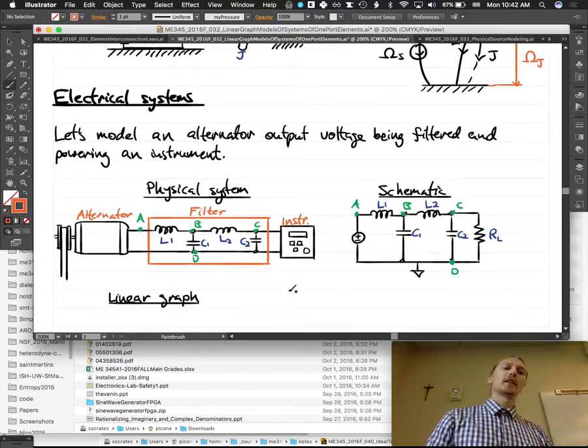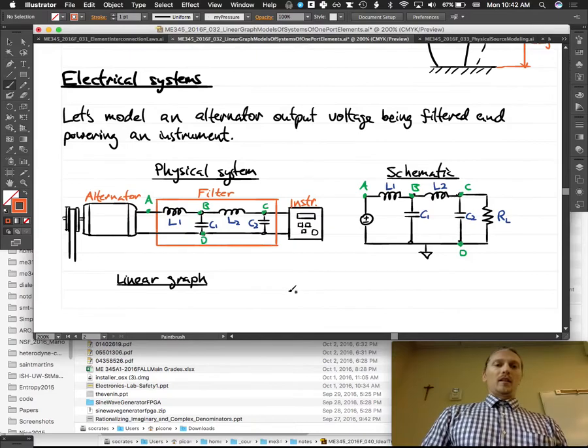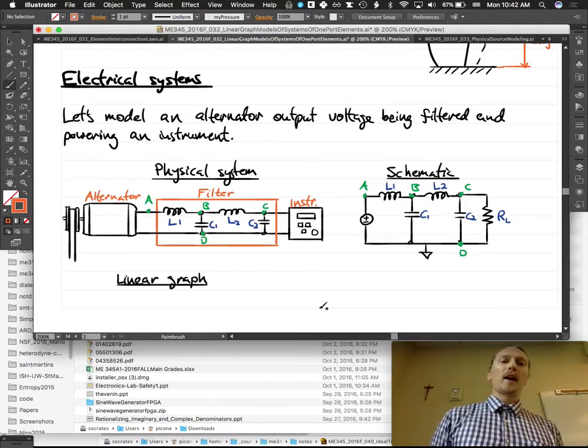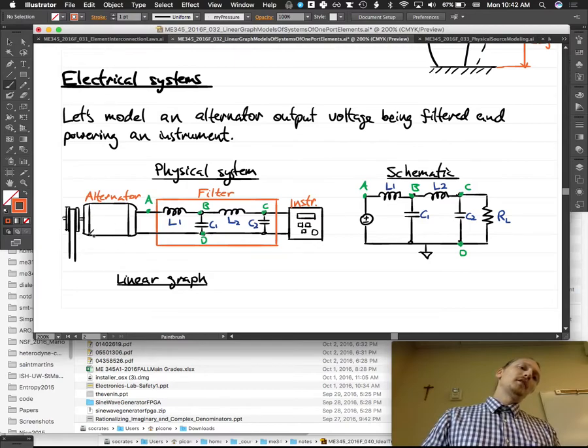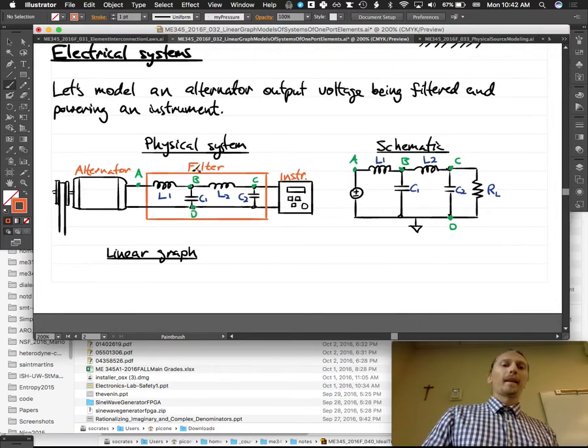Okay, so electronic system. Let's model an alternating output voltage being filtered and powering an instrument. So say I've got a belt driving an alternator, and here's a circuit that's filtering this signal, and it's going to an instrument. This filter has this schematic.